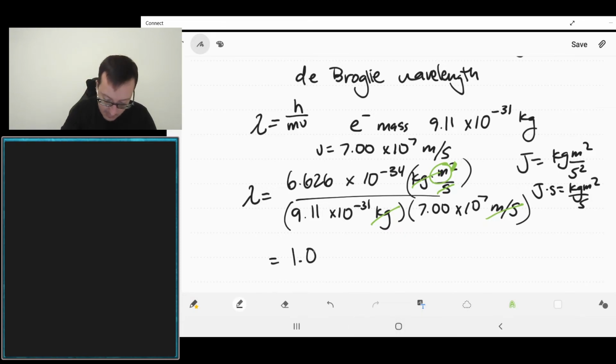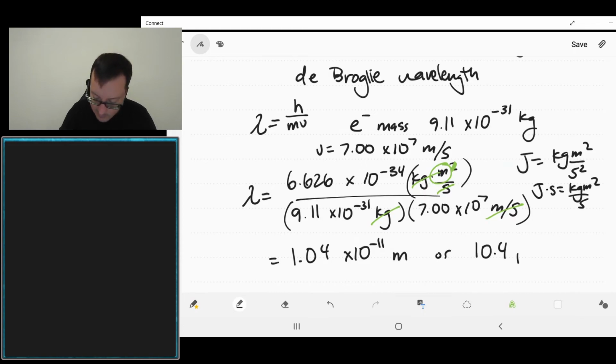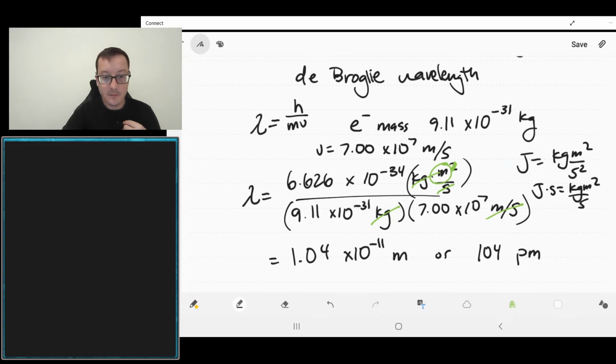So we're looking at 1.04 times 10 to the negative 11 meters, or 10.4, I'm sorry, 104 picometers. This is a pretty fast moving electron, pretty high energy, so a very low wavelength here, picometers level. So don't forget your metric prefixes.